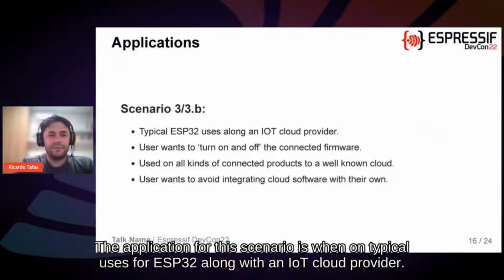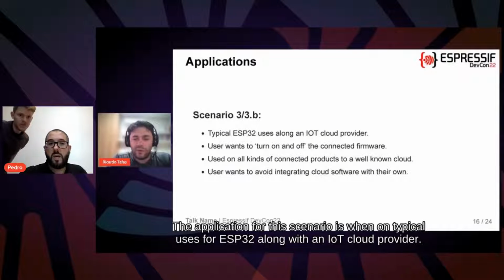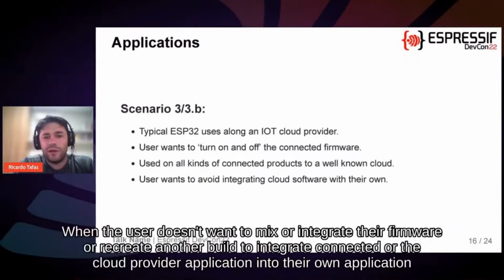The application for this scenario is the typical use of ESP32 along with an IoT cloud provider, when the user doesn't want to mix or integrate their firmware or create another build to integrate the connectivity or the cloud provider application into their own application.